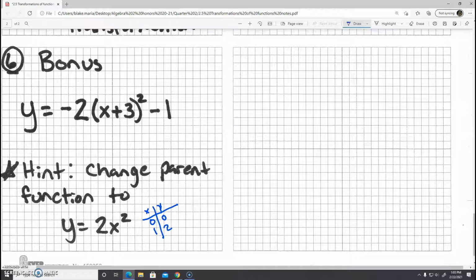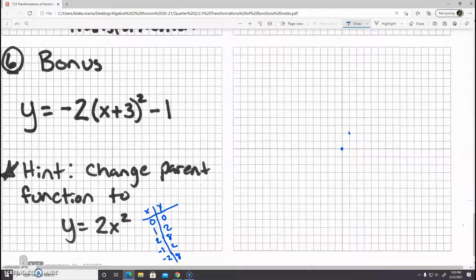And 2 times 2 times 2 would be 8. And then negatives. Negative 1 would be 2. Negative 2 would be 8 still. So go ahead and graph that as your parent function. And I know that's a little weird. So whenever you have a stretch or compression, just go ahead and graph a new parent function. It makes your life a lot easier.